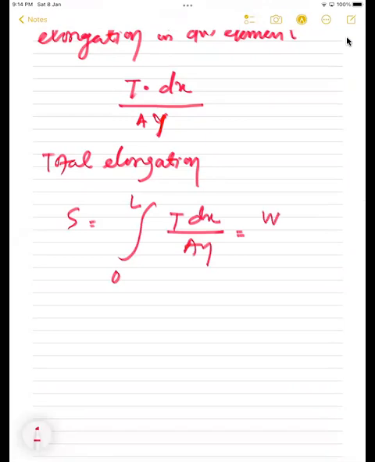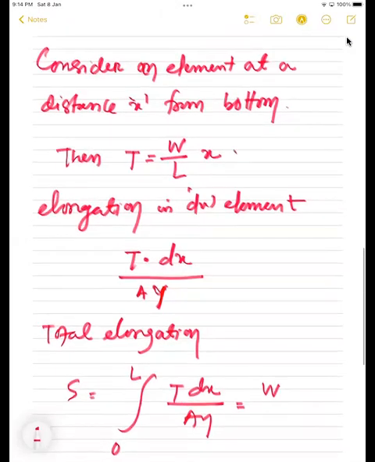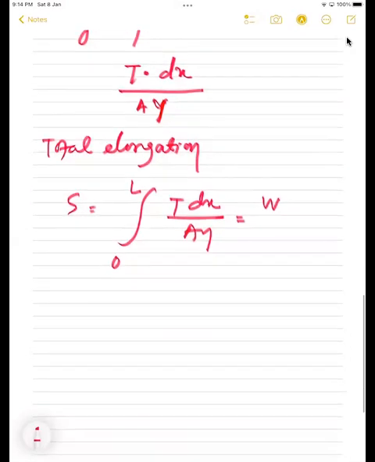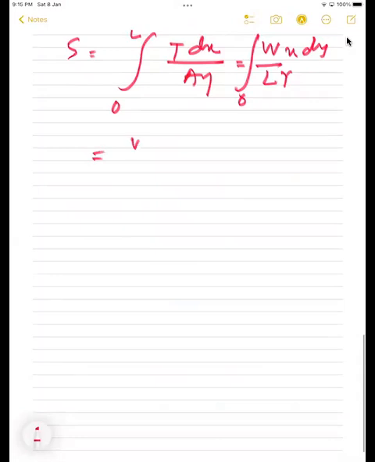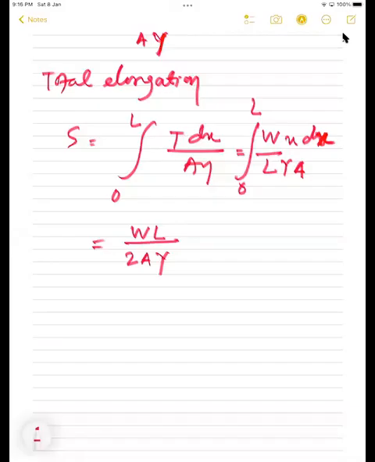So that is equal to how much? T is how much? It's W by L into x, right? So you can write W by L into x into dx by Young's modulus, with limits 0 to L. Now if I solve that, I will get the weight W into total length. Students, this is the total elongation, and you can directly do it by considering the total weight at the center of mass.